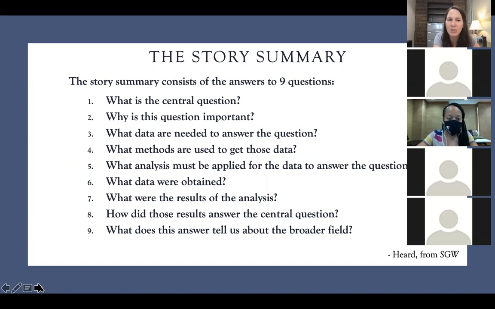And then we get into how the results answer the central question and what this answer tells us about the broader field. That sounds a lot like a discussion section. So these questions are actually prompting you to do a lot of the figuring out of what exactly needs to go in your research paper.